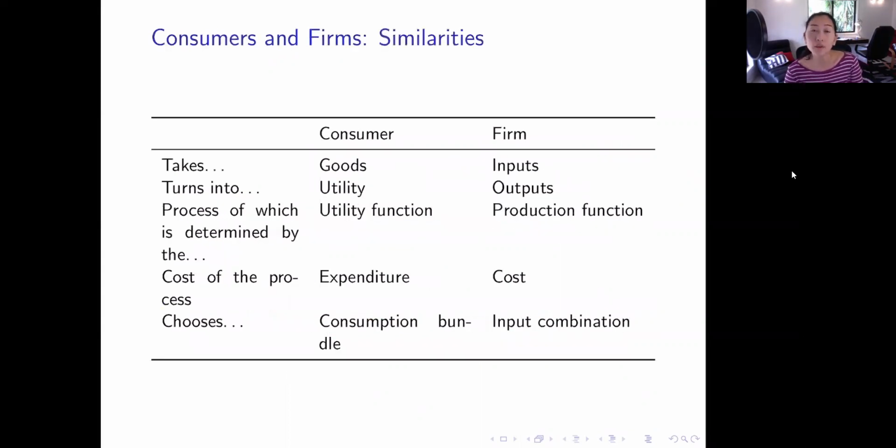So this table shows the similarities and the differences between the consumers and firm. So consumer takes good and turns the good into utility, whereas firms take input and turn the input into output.